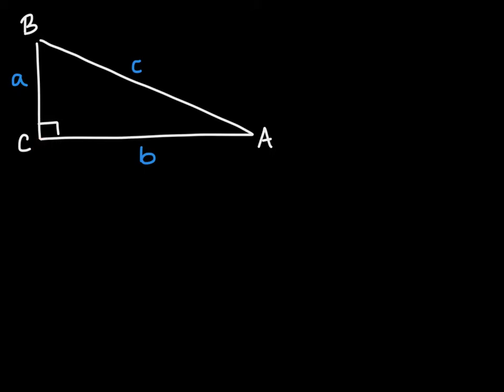All right, can you please write down what is sine of angle A? Sine of angle A is opposite over hypotenuse. And the side that's opposite angle A is a, and the hypotenuse is c. A over c. Now what I want you to realize is, what is cosine of angle B?